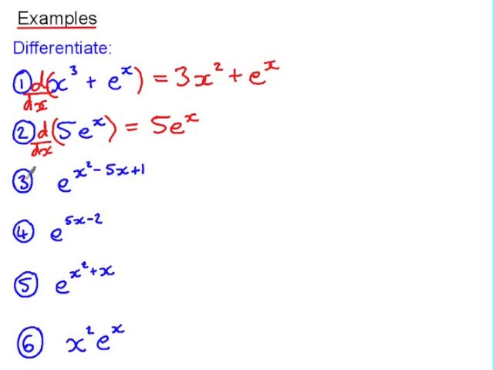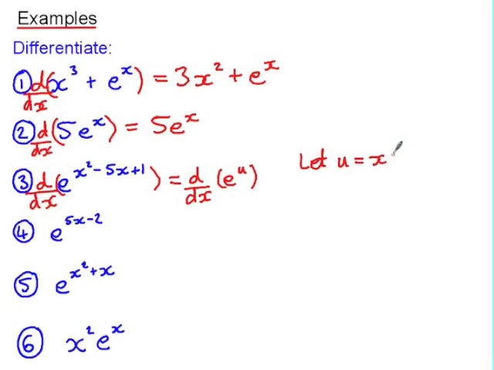In the third example, we've actually got a function in our index. So I'm going to say that this is the derivative with respect to x of e to the power of u, and we'll define u, we'll say let u is x squared take 5x plus 1. Now we can use the chain rule.